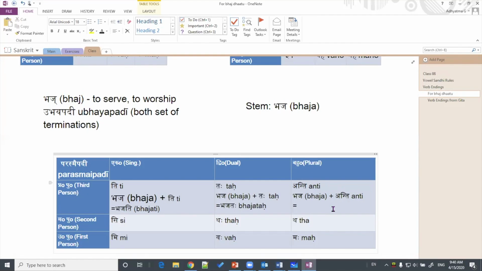We study how to make these forms, how to make the stems, and what all the exceptions are.